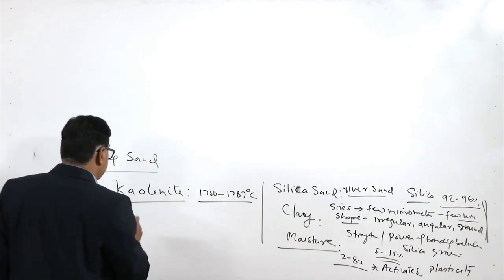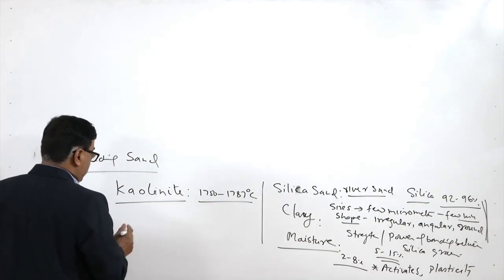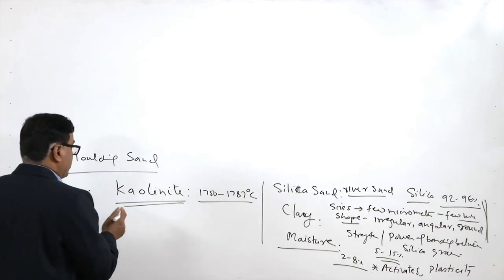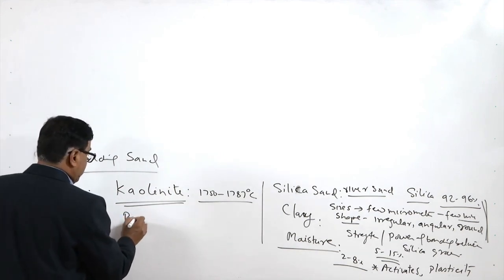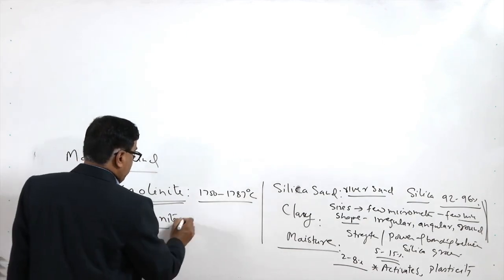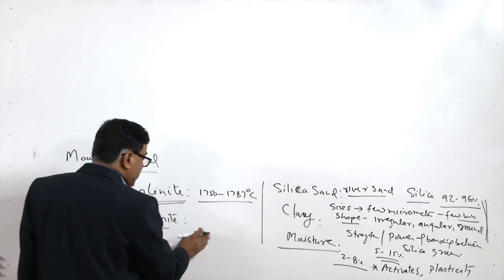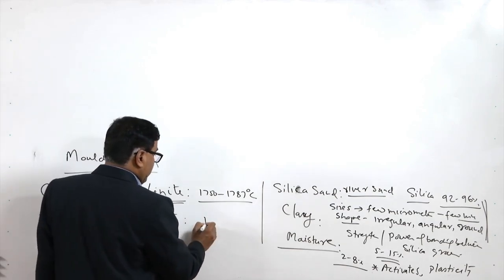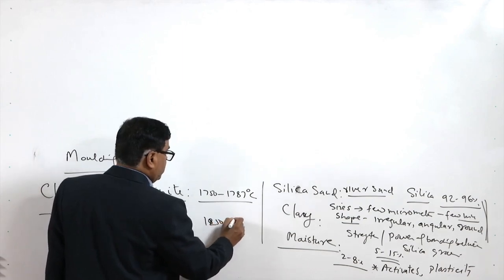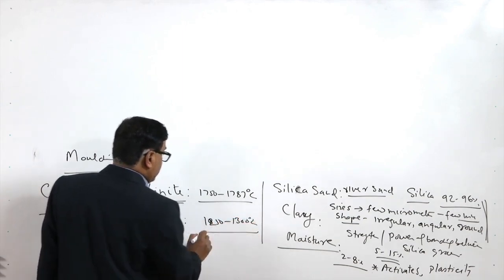This is the melting point above which it will adversely affect the mold sand properties. And another very commonly used is bentonite clay, which has a low melting point, like 1250 to 1300 degrees centigrade.